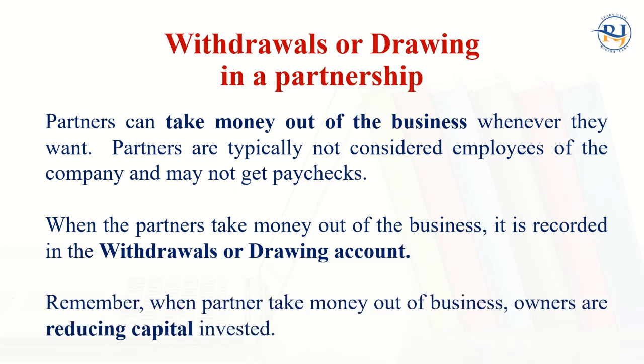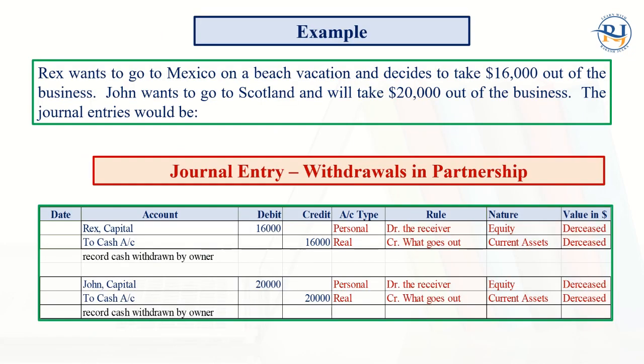Remember, when partners take money out of the business, owners are reducing the capital invested. For example, Rex wants to go to Mexico on a beach vacation and decides to take $16,000 out of the business. And John wants to go to Scotland and will take $20,000 out of the business.